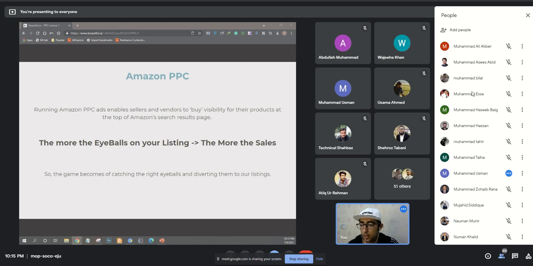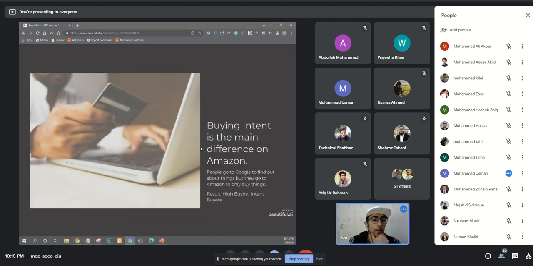Okay, so now this is the thing which is different on Amazon. Now for example, on any search engine, on Google, if I go and write fidget spinner, I was just reading Zafa's post, so I have the example fidget spinner in my mind. If I go to Google and I write fidget spinner, I can be curious about what it does. I can be curious about what it is made of.